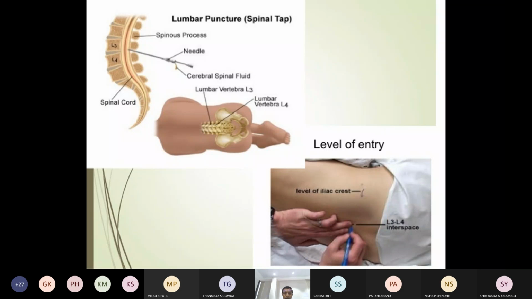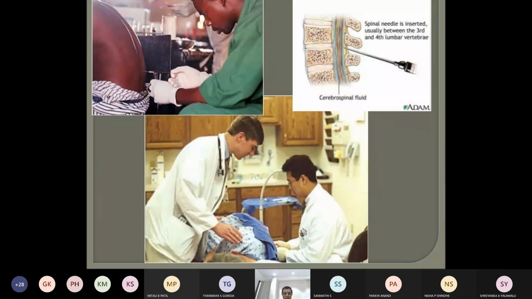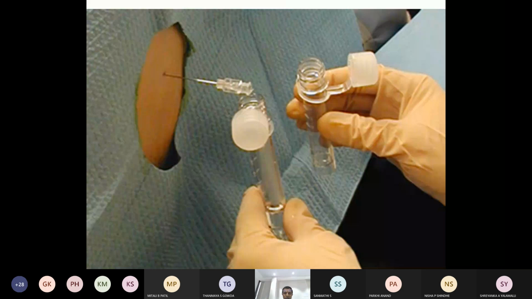The spinous process and the vertebra have to be identified, a very sensitive procedure, so we have to prick at the appropriate place with the needle. Collection is possible in the sitting position and also in the lying position. Here it is hardly 5 ml collection. It comes drop by drop over the given time, so we have to collect a small amount of CSF.